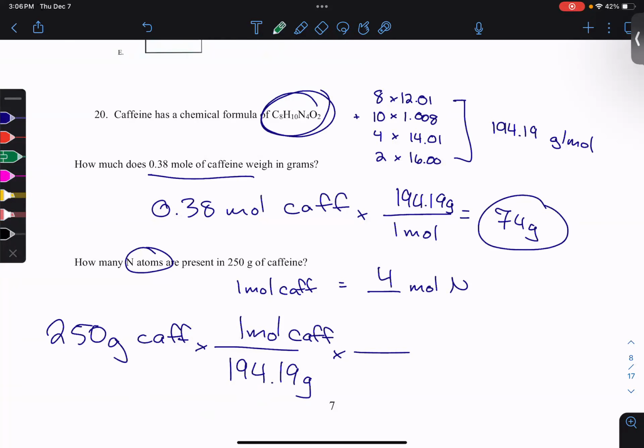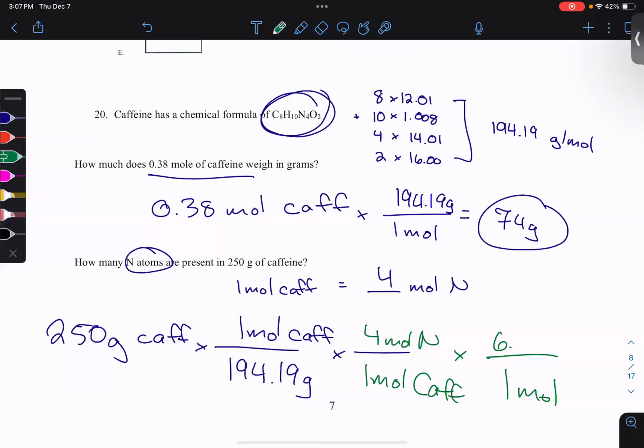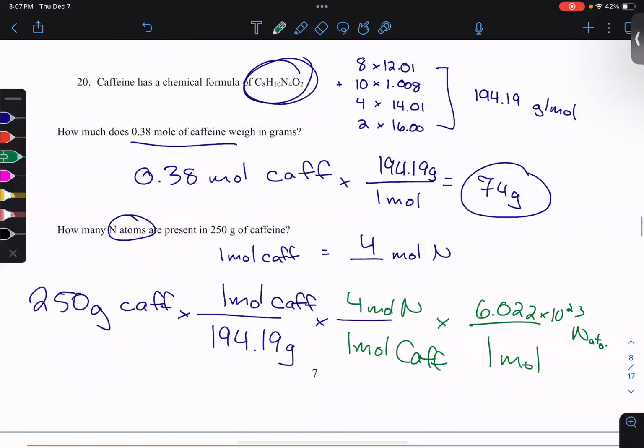But dimensional analysis works too: 1 mole of caffeine is 4 moles of nitrogen. Am I done? No, we go one step further. I asked for individual atoms, so what do we use? Avogadro's number: 1 mole of anything, in this case nitrogen atoms, is 6.022 times 10 to the 23 individual nitrogen atoms, right?